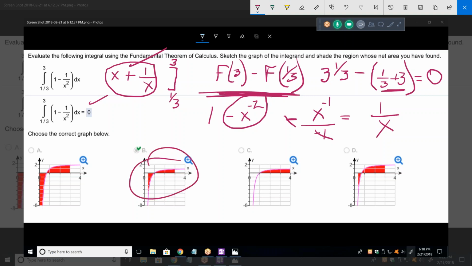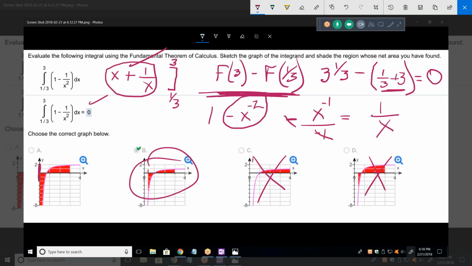That looks awfully good. There's a problem. Well, is there a problem? Yeah, that one's not going from 1/3. That looks like it's going from 0. Whereas that does look like 1/3. That's not it. For one thing, we're looking for a net area of 0, and that certainly doesn't have a net area of 0.